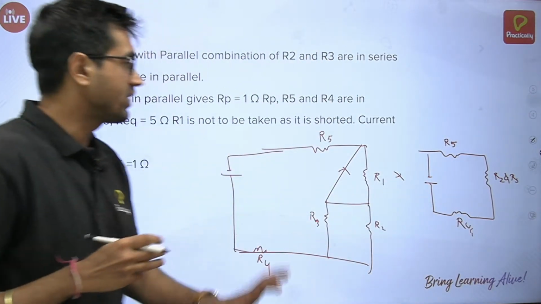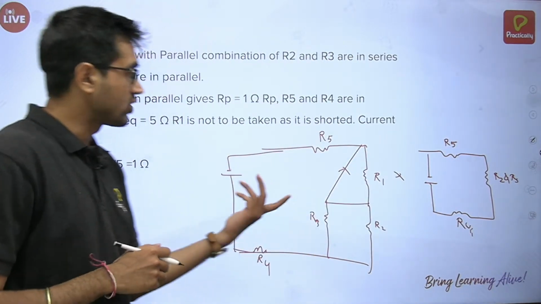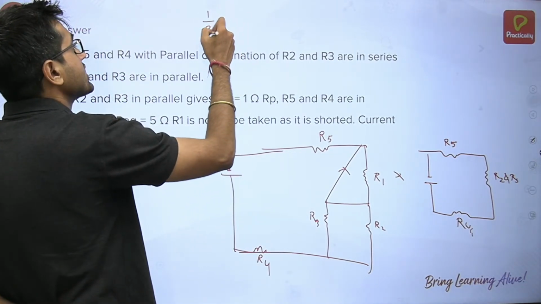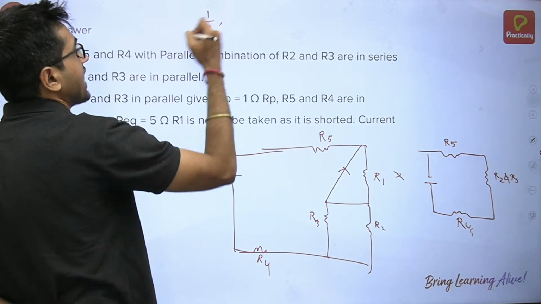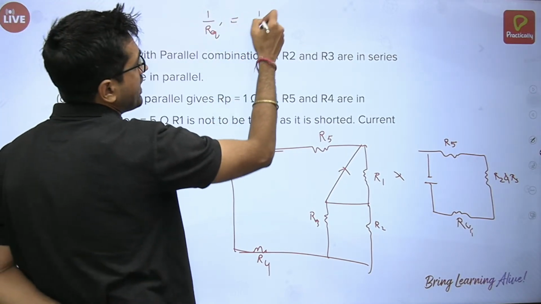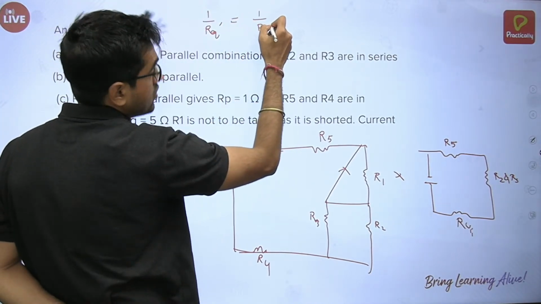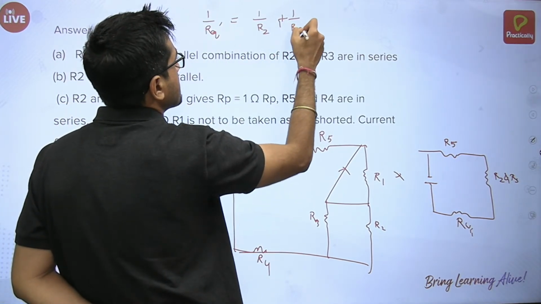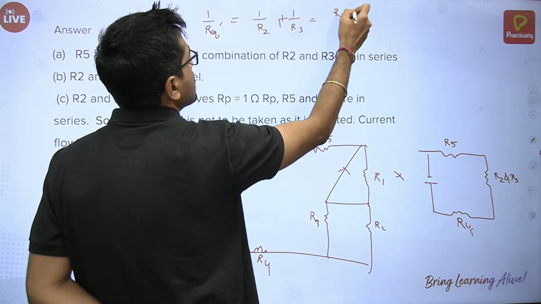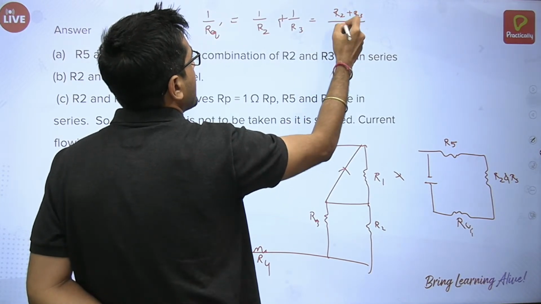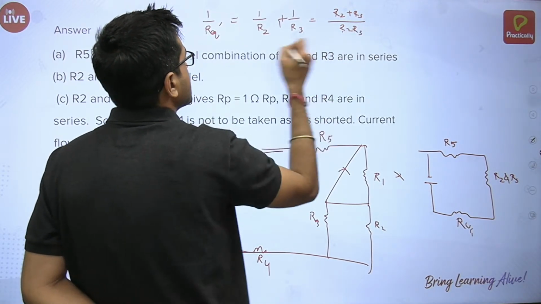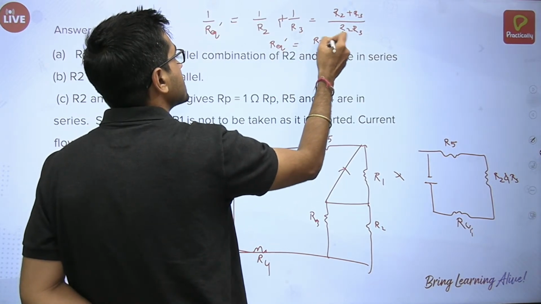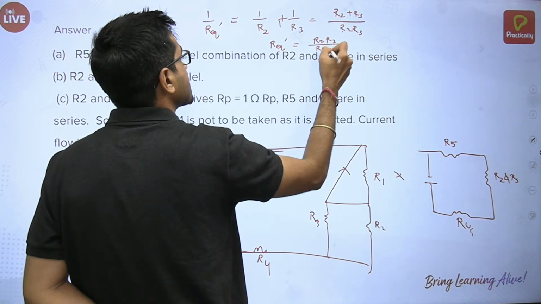Now you can always simplify this, so we can use the property. 1 upon R equivalent, R dash let's say, is nothing but 1 upon R2 plus 1 upon R3. If we simplify this, this is R2 plus R3 divided by R2 R3. So the R equivalent dash is R2 R3 by R2 plus R3.